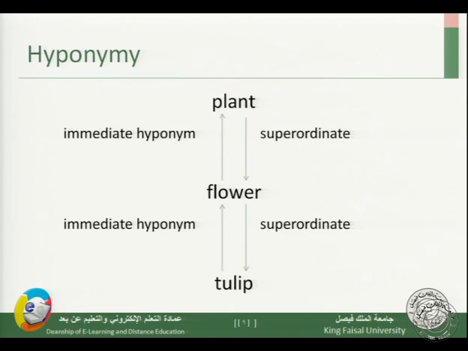Look at the arrow, immediate hyponym of plant. Flower in itself is a superordinate, and under flower comes tulip, and tulip is called an immediate hyponym of flower. Tulip is also a hyponym of plant, but not immediate, okay, because there is flower between them. So tulip is called a hyponym of plant, but it is not an immediate hyponym.